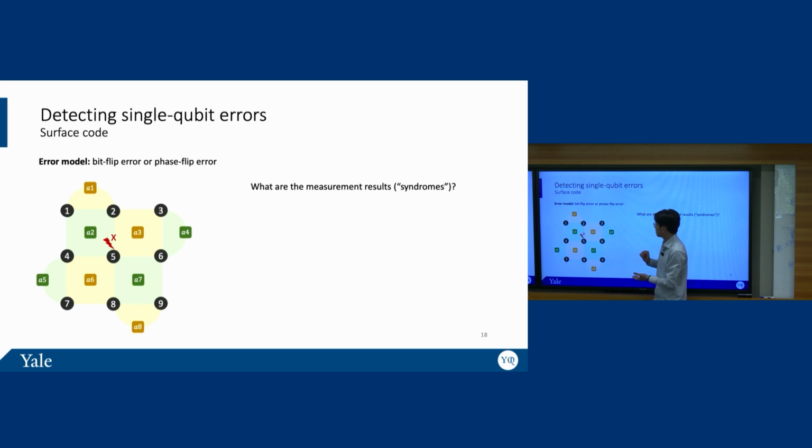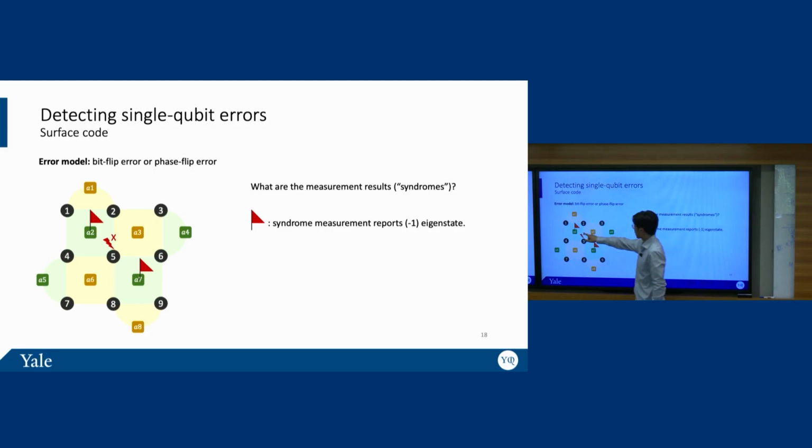So what we are looking for is therefore stabilizers that anti-commute with this particular error. Okay, so due to the nice property of Pauli operators that we know, these two patches that check for Z stabilizers, because they have a Z acting on qubit number 5, and yet there was an X type of error happening on it, X and Z anti-commute, this will flip the ancilla qubits A2 and A7, and they both touch on qubit number 5.